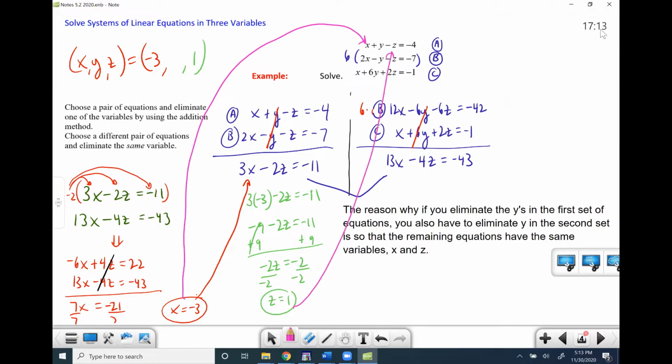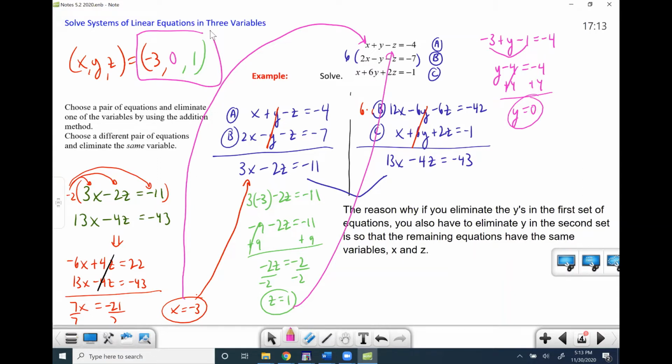So if I plug in negative 3 for the x, and I plug in 1 for the z, I should be able to find y. Combine like terms, negative 3, negative 1 is negative 4. Add the 4 over. You get y equals 0. There it is. There's our solution.